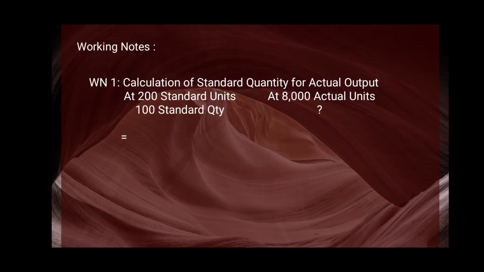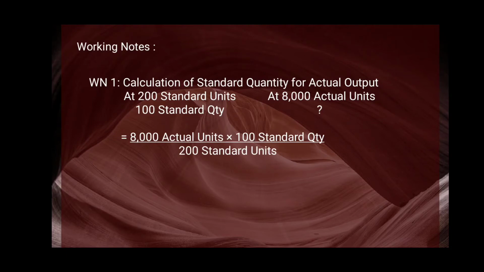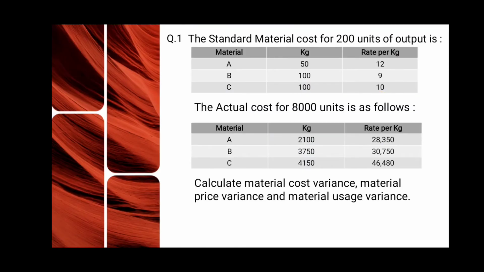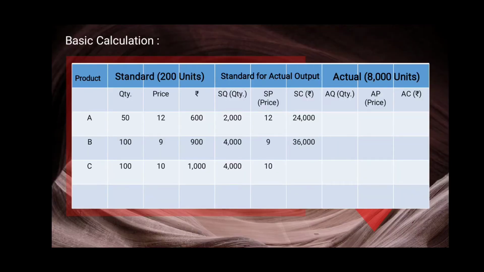So we'll calculate it for material C. 8,000 actual units into 100 standard quantity divided by 200 standard units, which will be equal to 4,000 standard quantity for actual output. So we'll record it for material C. Standard quantity we calculated as 4,000. Rate per kg is 10. So standard cost amount will be 40,000.